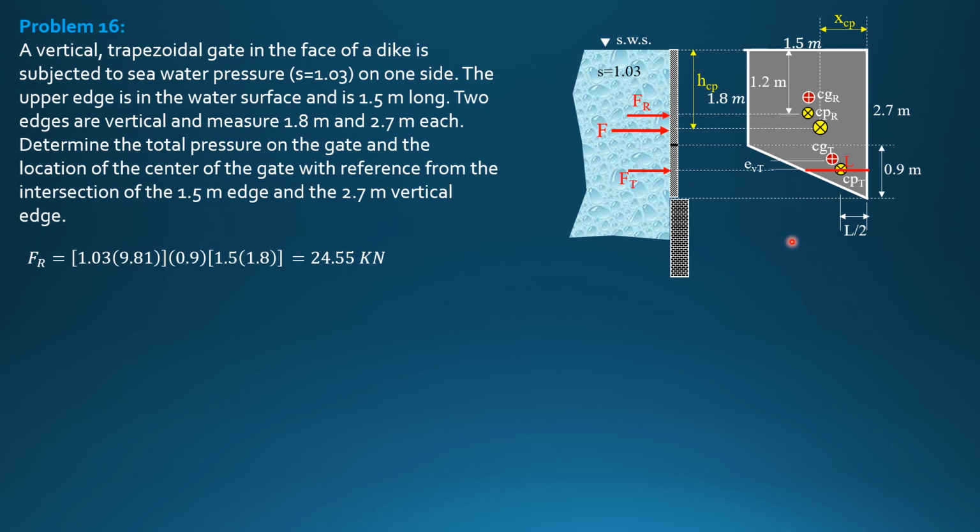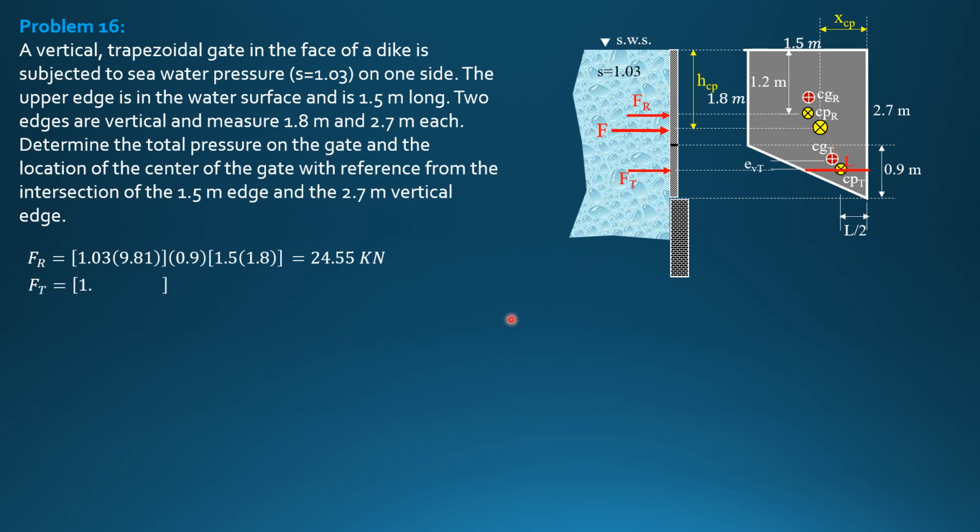While for the triangle, the barred h of the triangle is 1.8 plus 1/3 of 0.9, so 2.1 barred h.